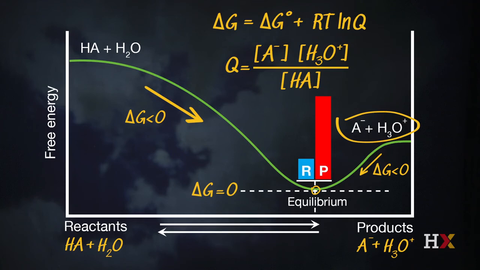And we know that at equilibrium, delta G is equal to 0, but we also know that Q is equal to K equilibrium in that case. But under the conditions of an acid reaction, Q goes to the equilibrium point, and the equilibrium point is set by K sub A, the acid equilibrium constant.